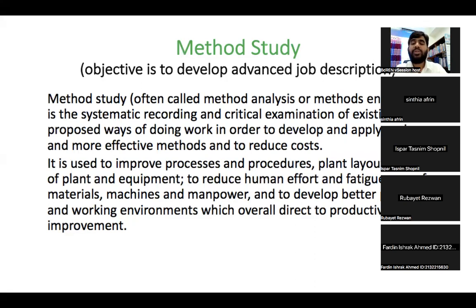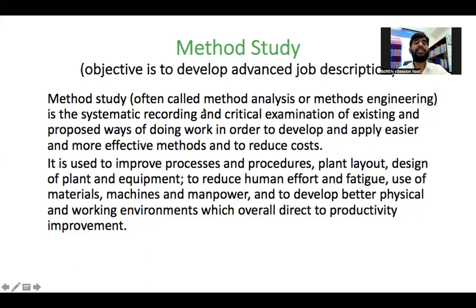Good. So we are ultimately dealing with job design, and there are several tools of job design. The tools are: number one, method study; number two, motion study; number three, time study.